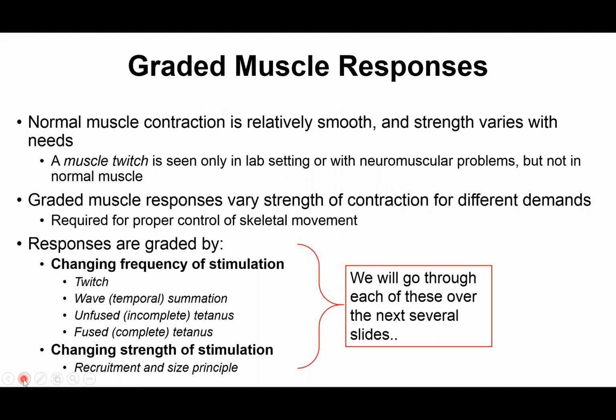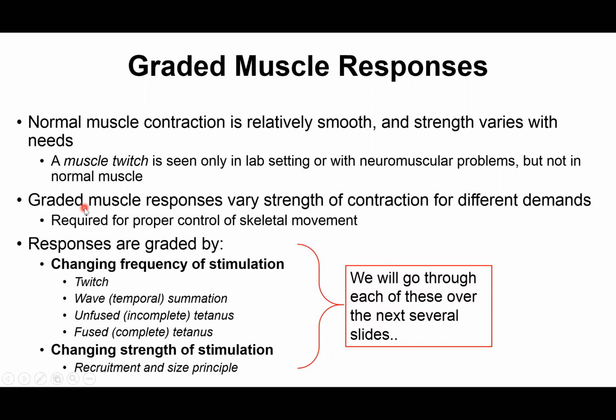So let's talk a little bit more about these graded muscle responses. I just want to point out that normal muscle contraction is usually very smooth, and the strength of the contraction is going to depend on what you need to do with the muscle.